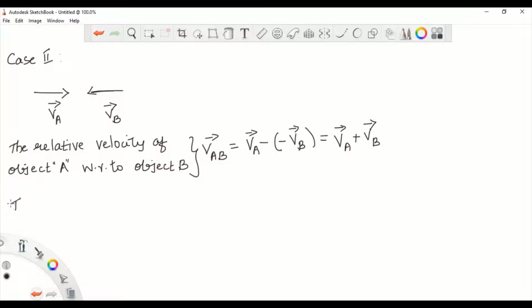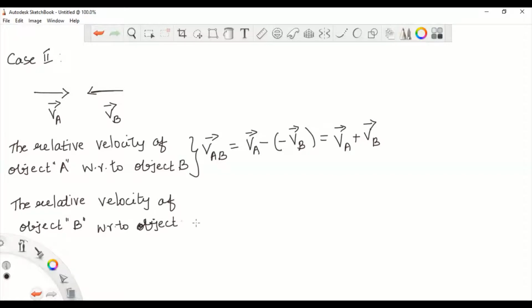Similarly, you can write the relative velocity of object B with respect to object A. So this will be written as VBA is equal to minus VB minus VA.